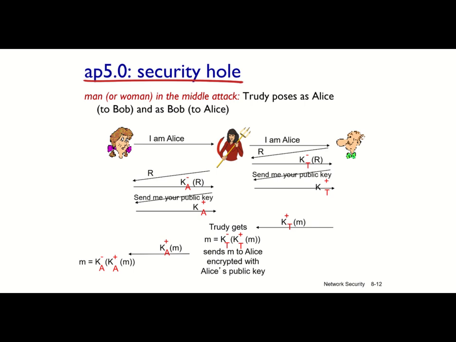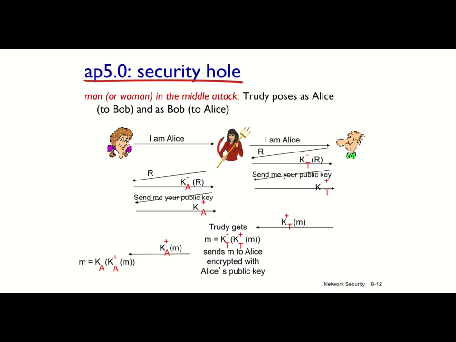After the intruder gets those messages, she can again encrypt them with Alice's public key, and then forward the messages to Alice. And then Alice can also decrypt those messages with her own private key, and this way the message that Bob intends to send to Alice is not only delivered to Alice, but also delivered to the intruder.